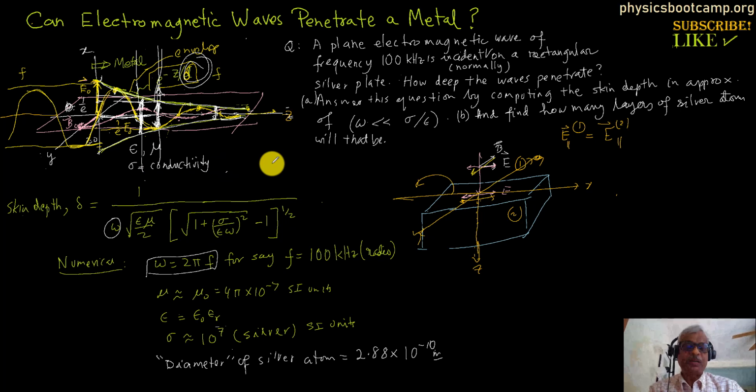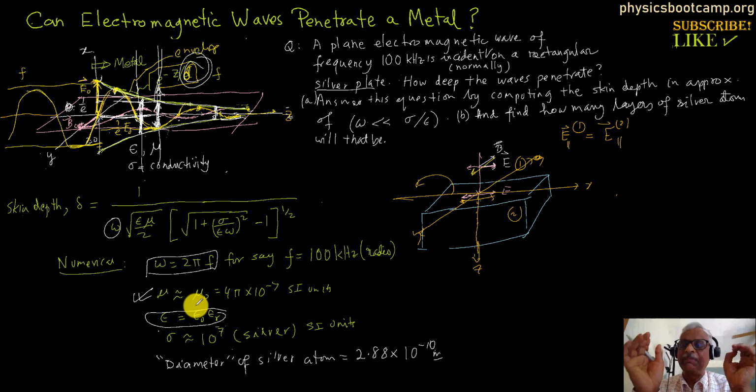We're supposed to answer this question for a silver plate, for which mu is not a magnetic material, so mu is close to mu naught. And epsilon is quite complicated. So is mu, but epsilon is a very complicated property.